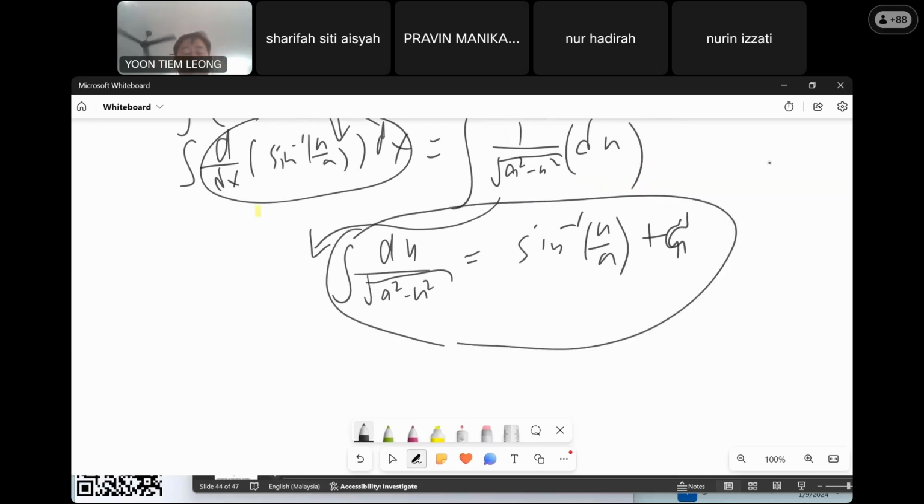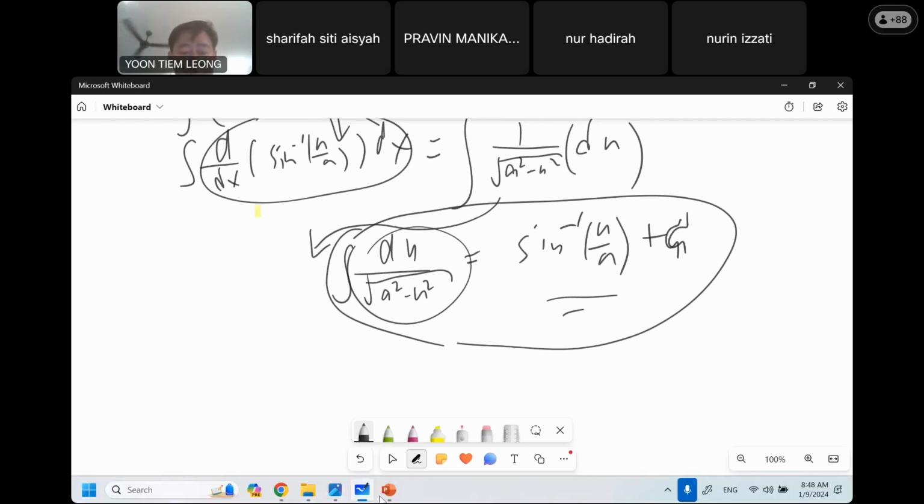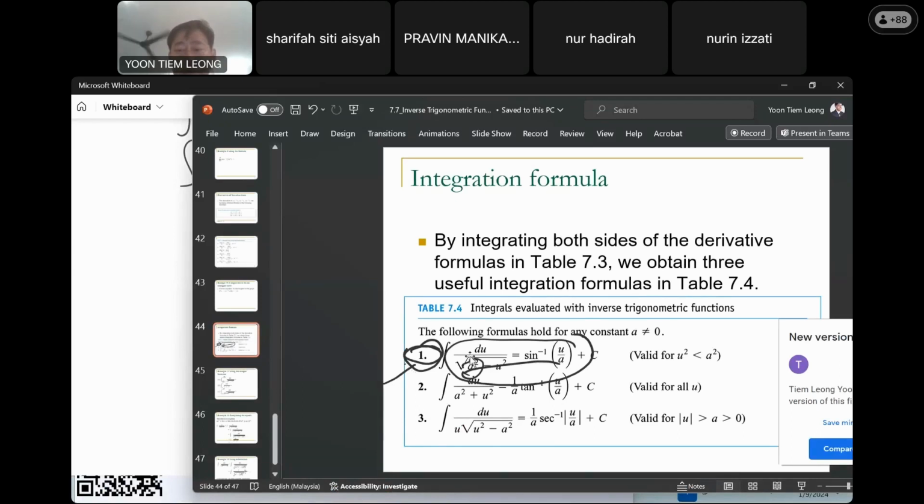That tells me if I have a function of u and integrate it in this manner, then the right-hand side is arc sine of u over a, which is just equation number 1 that is seen in table 7.4. That is how I arrived at these relationships in number 1 of equations of table 7.4.